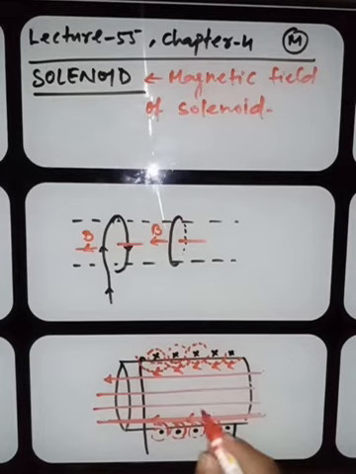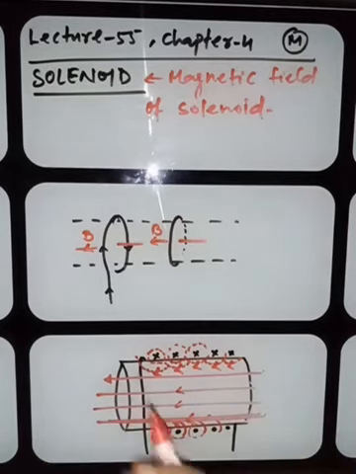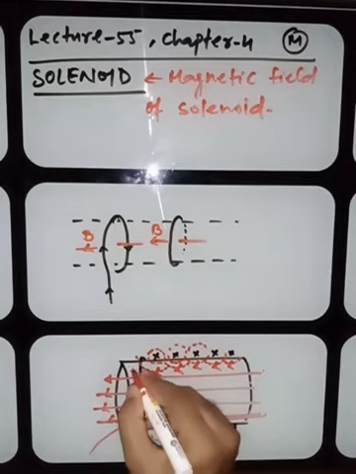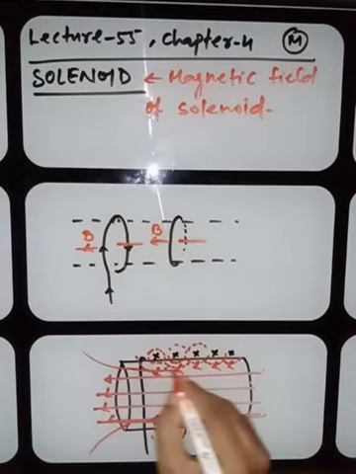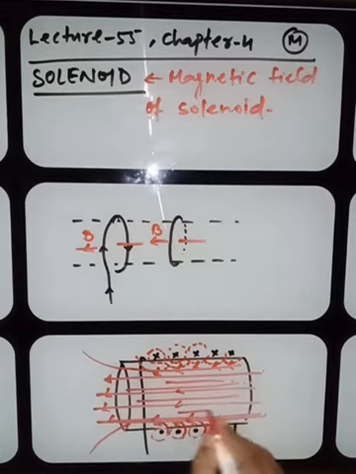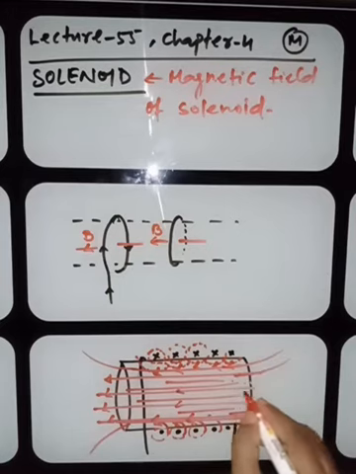So inside the solenoid, you will find the magnetic fields all acting in the same direction. As soon as these magnetic field lines leave the solenoid, they diverge. Inside the solenoid, all the field lines are uniform, that is, parallel to each other.